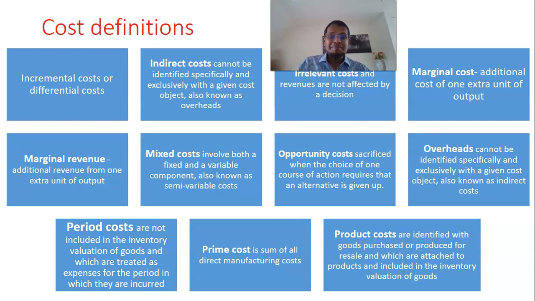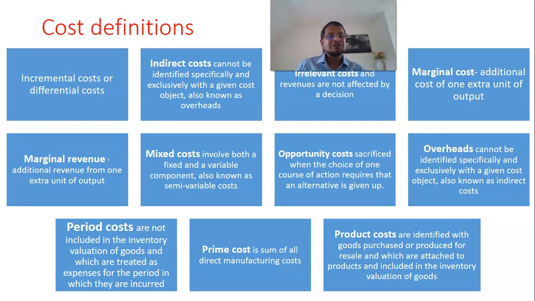If any cost impacts the decision, that is relevant cost. If your decision is changed because of a cost, that means it is relevant cost. If the decision is still the same, though the cost is increased or decreased, that means it is irrelevant cost. That means that the cost cannot impact your decision.